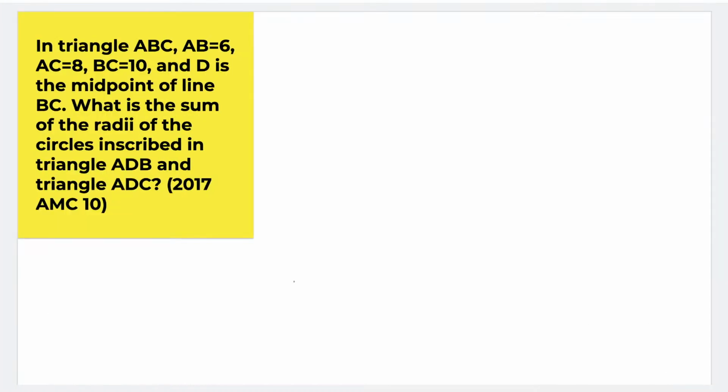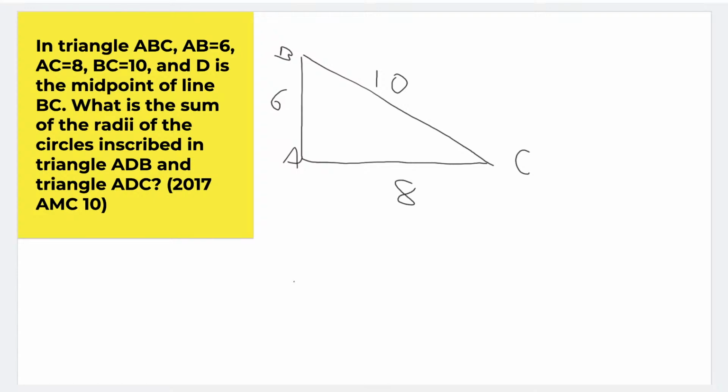Well, the second problem. In triangle ABC, we have AB equals 6, AC equals 8, and BC equals 10. You should know your Pythagorean triples. With this, we know that it's a right triangle. So pretend this is B, this is C, BC is 10, this is A, AB equals 6, AC equals 8, and D is the midpoint of BC.